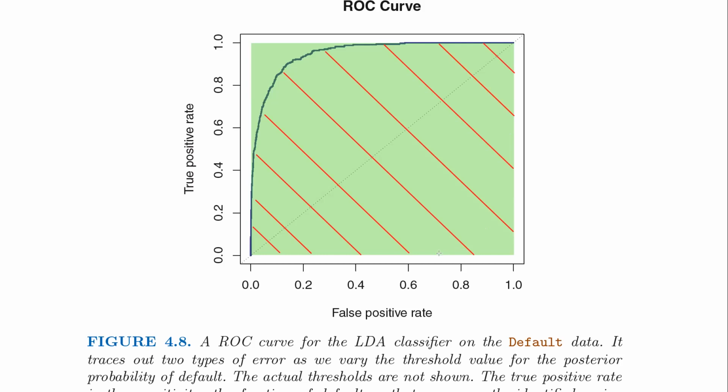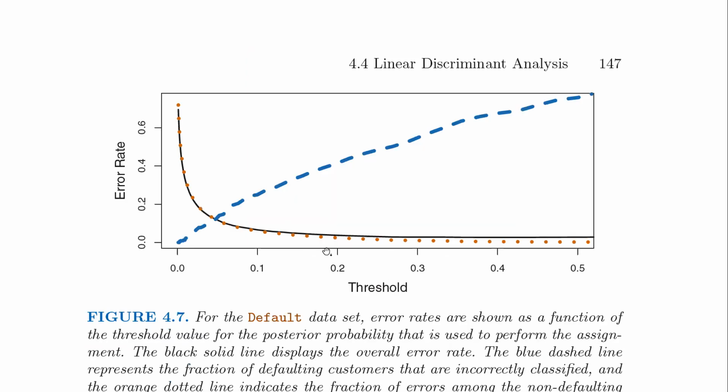Each point is for a different threshold, right? Remember, we're not seeing the thresholds in this diagram. Isn't it just a case of choosing the threshold that gives you an ideal ROC curve?